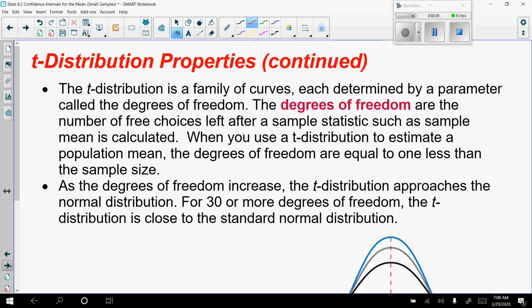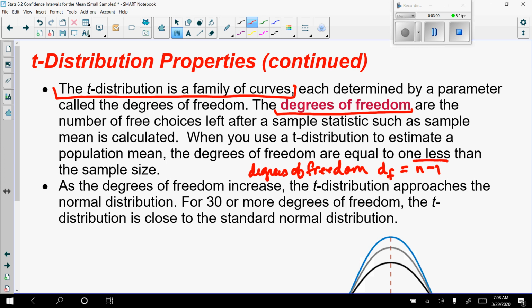That standard deviation varies creates a family of curves that gets used, and the family is determined by the size of the sample, which determines the degrees of freedom. The degrees of freedom, which we say lowercase d sub f, is equal to n minus 1.